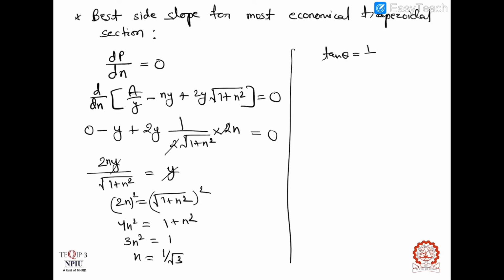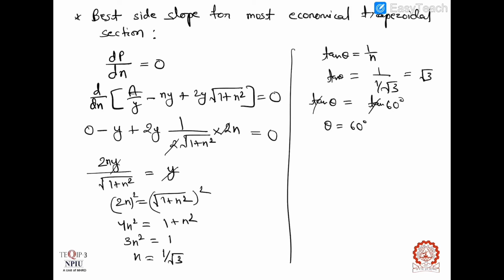We have found n as 1 by root 3, so tan theta will become root 3. So tan theta is root 3 when theta is 60 degree. Tan will get cancelled, so theta is equal to 60 degree.